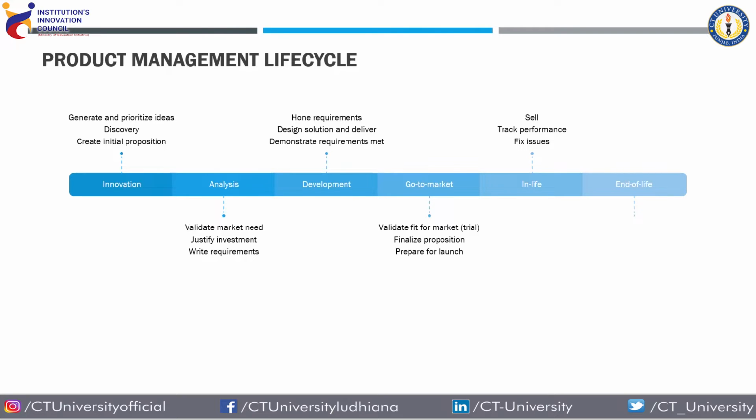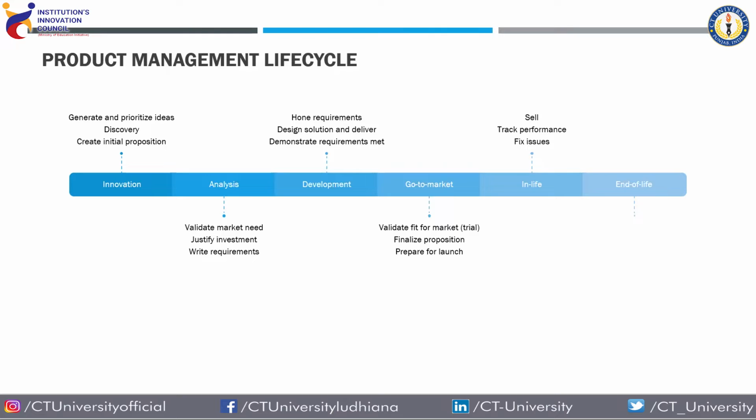We have to validate the market, justify our investment, and write our requirements. Even in this part it is not that specific, but we need a general idea about what is available in the market and how much our innovation is being used throughout the world.